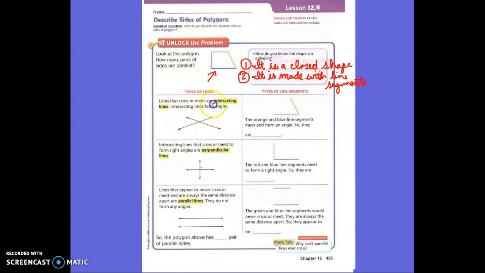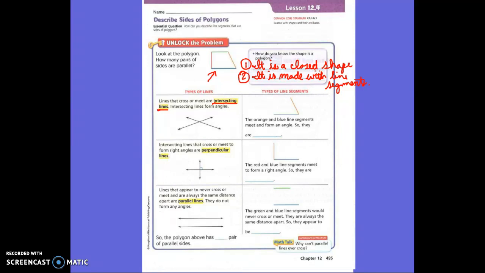First, we have intersecting lines. You see that in the yellow. Lines that cross or meet are intersecting, okay? If they cross or meet, they are intersecting. So if one goes over the other, or they come up to each other and meet, they are intersecting lines.